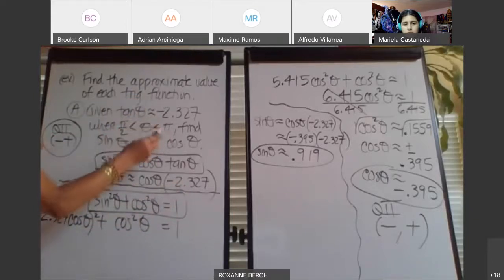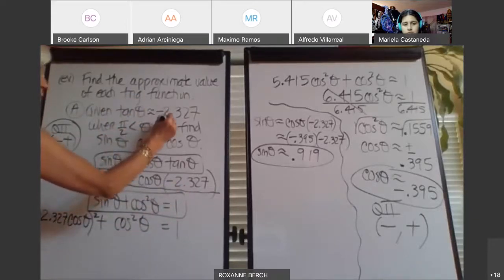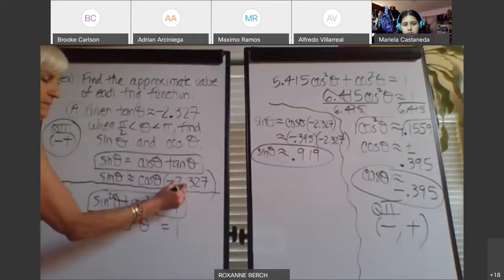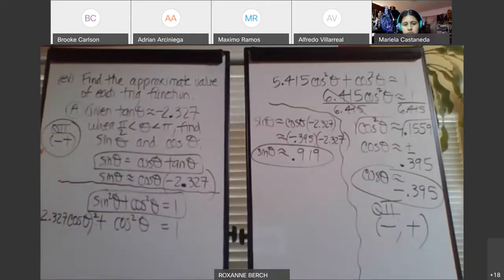The tangent of theta is about negative 2.327. So basically, it allowed me to get rid of tangent. So I put the actual value in.